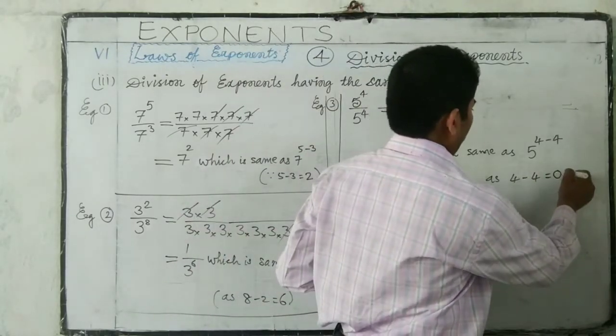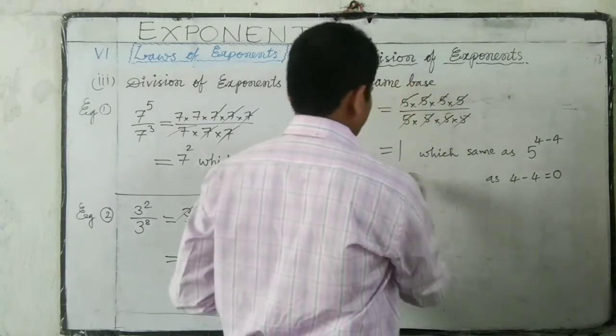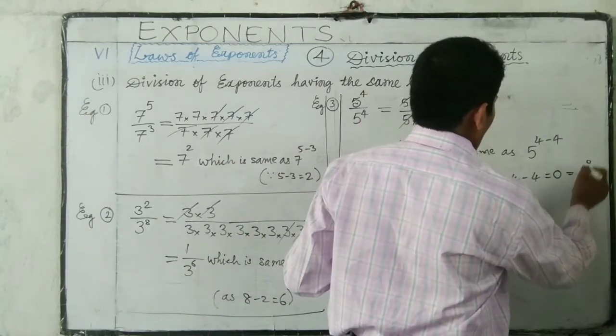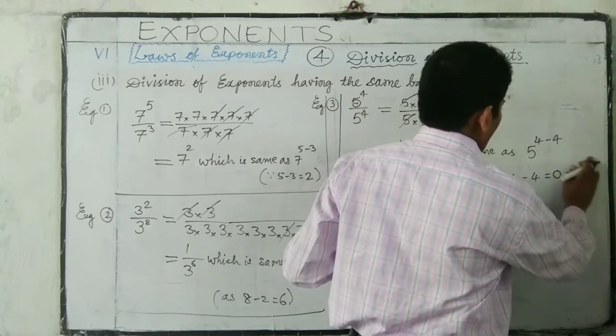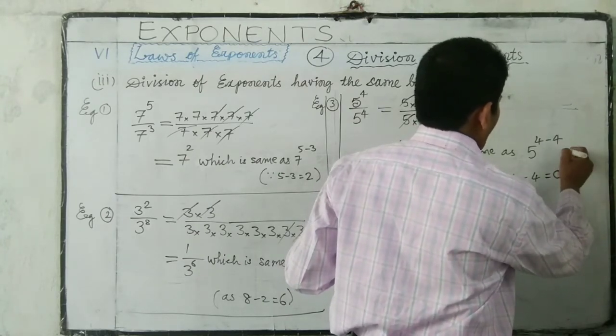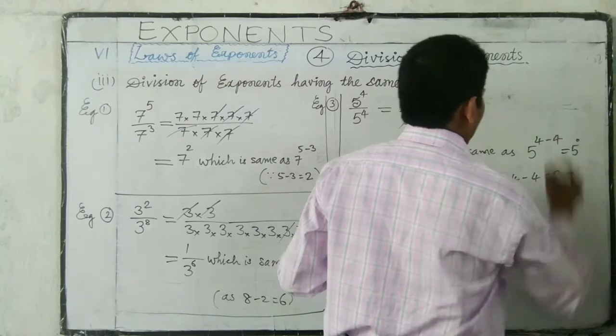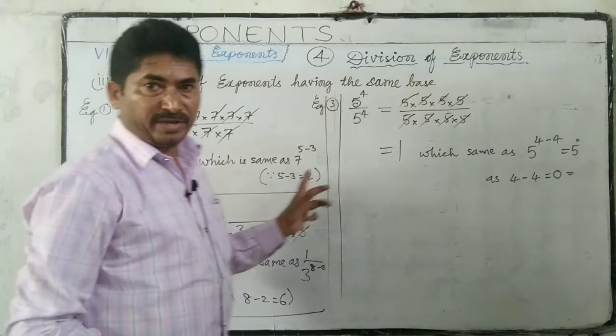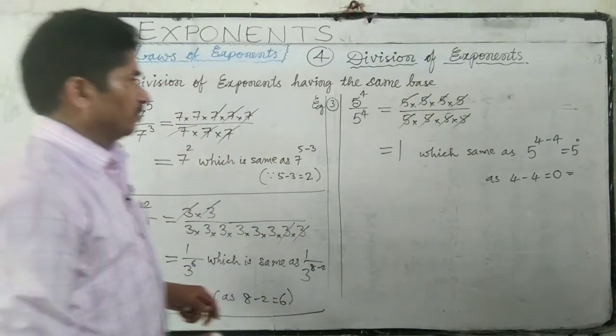So that is equal to 5 to the power of 0, which is 1.